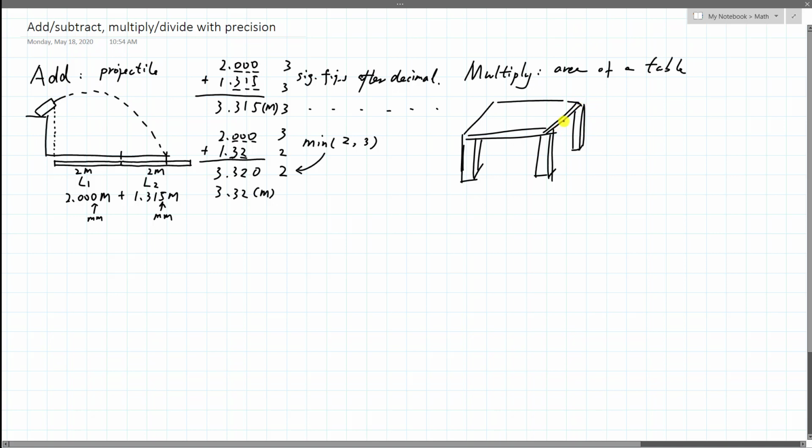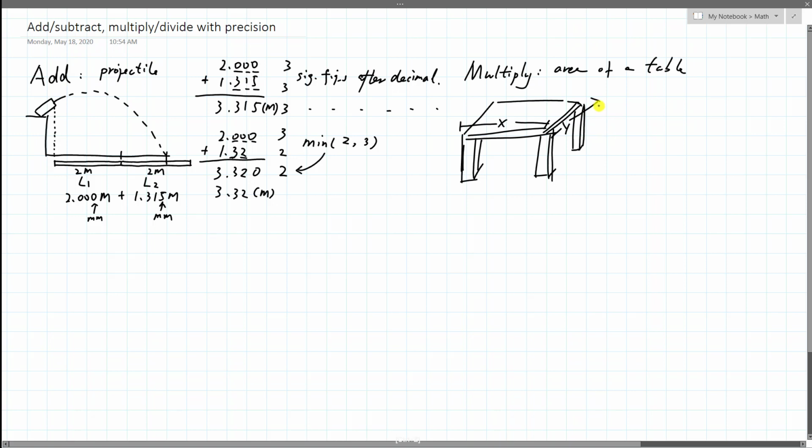Alright, so we have a table here, and we're going to take 2 measurements. This dimension, let's call it x. And then we also want to take this dimension, which is y. That doesn't look very good.